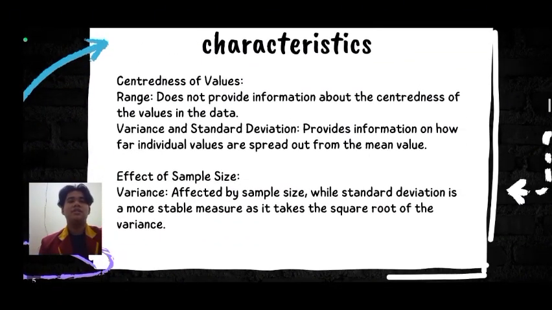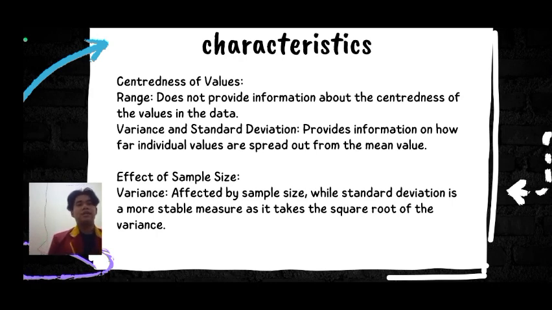And then centeredness of values. The range does not provide information about the centeredness of the values in the data. The variance and standard deviation provide information on how far individual values are spread out from the mean value. And then the effect of sample size.